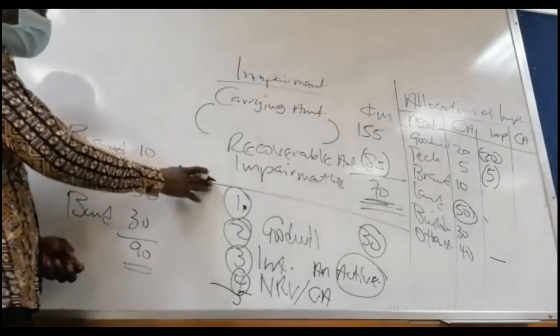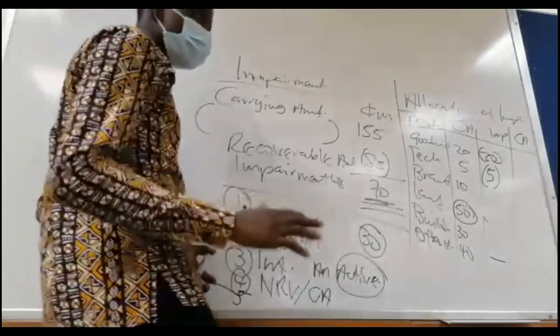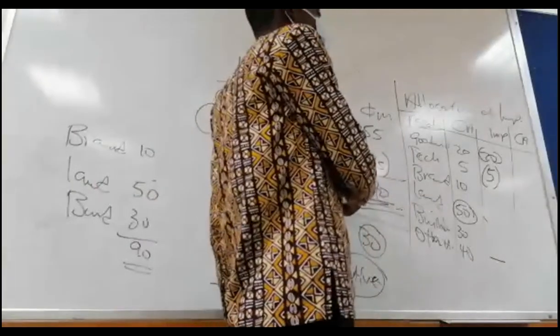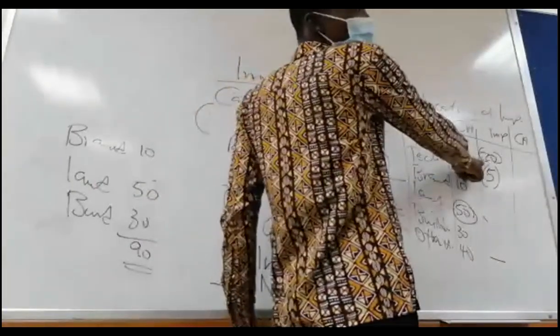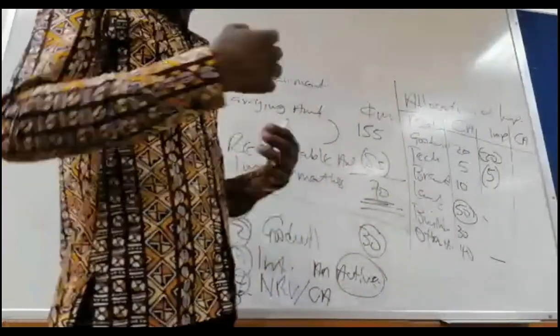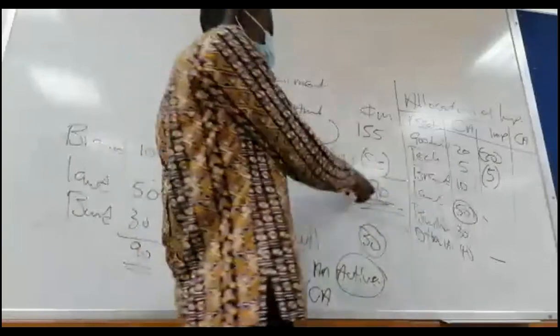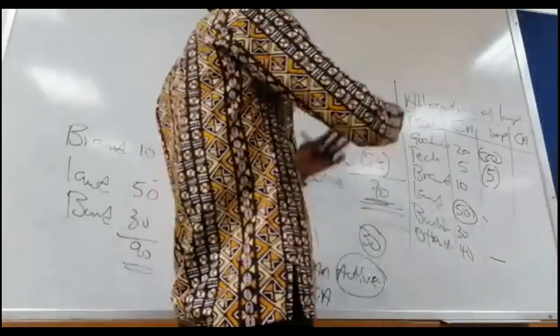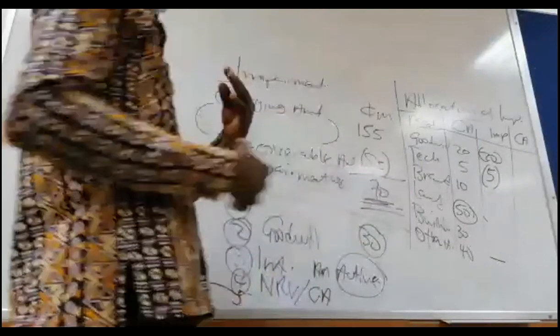Now the impairment level: total impairment is 70, and we've shared 20 and 5 already, so 25. That leaves 45, which must be shared among the remaining assets based on carrying amount, pro rata.